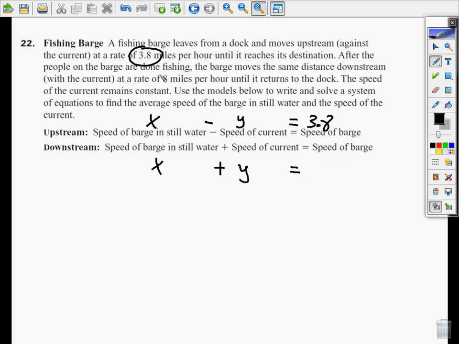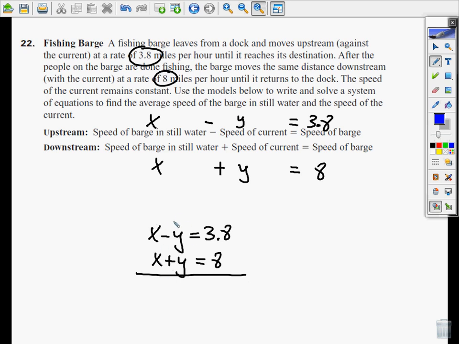And the speed of the barge is faster. It's 8 miles per hour. So I'll put the equations a little bit closer to each other. And I have a choice now. I have exact same x terms, so I could subtract. I have exact opposite y terms, so I can add. I prefer adding because then I don't have to change anything.